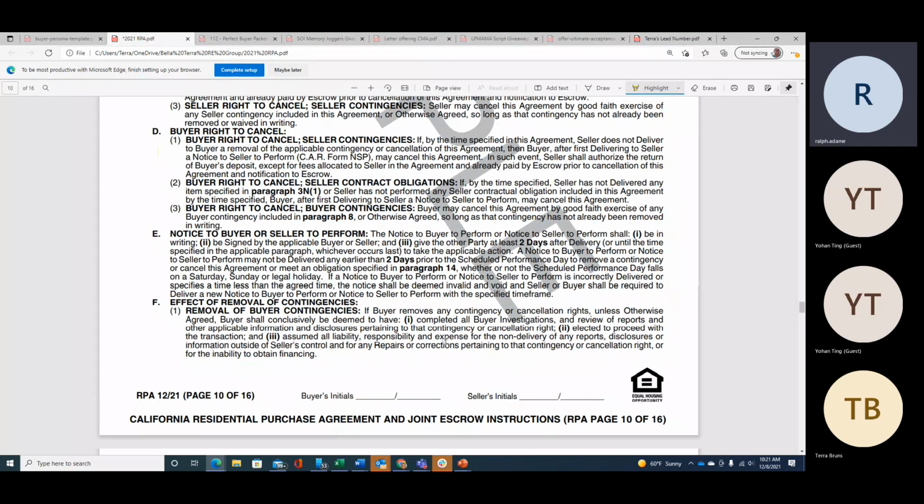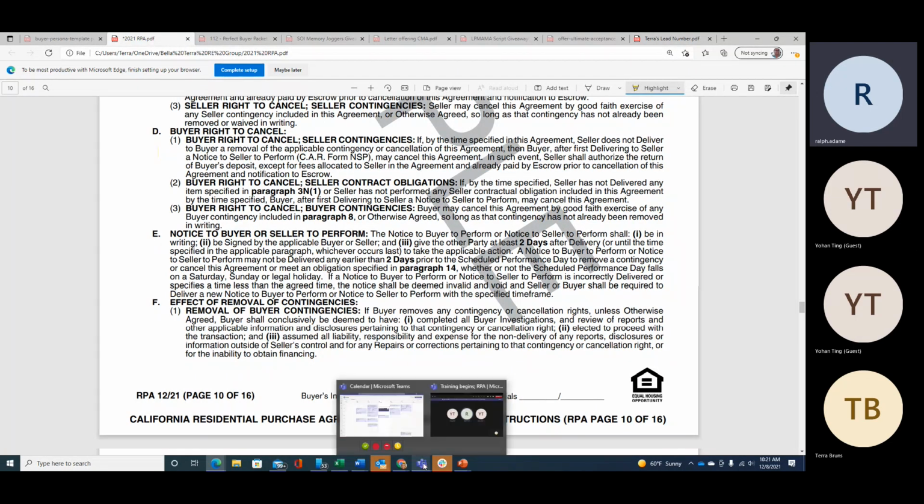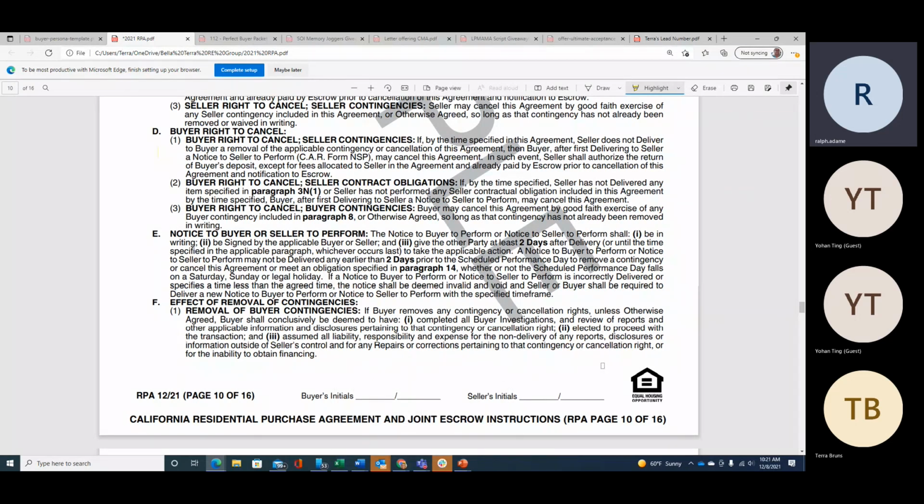Two, elected to proceed with the transaction, and three, assumed all liability, responsibility, and expense for the non-delivery of any reports, disclosures, or information outside of seller's control, and for any repairs or corrections pertaining to that contingency or cancellation right, or for the inability to obtain financing.